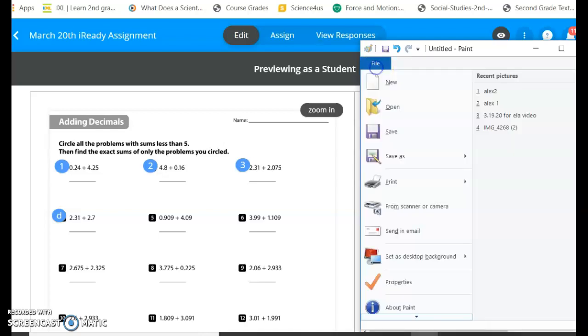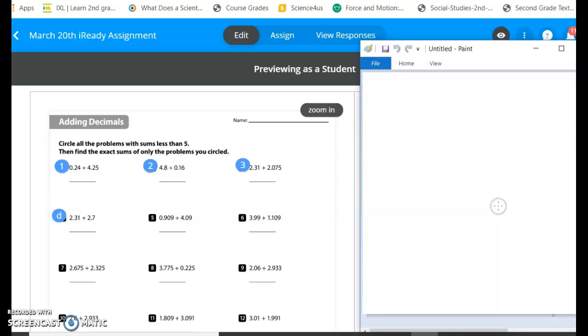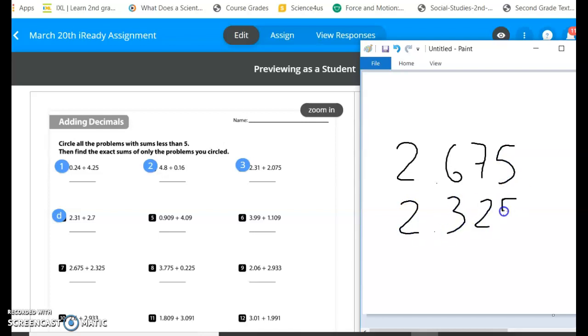All right, so I'm going to give me a clear screen here, and I'm going to work out number 7. So I'm going to do 2 and 675 thousandths and 2 and 325 thousandths. I'm going to add them together. I know that 5 plus 5 is 10, that 7 plus 2 plus 1 is 10, that 1 plus 6 plus 3 is 10.